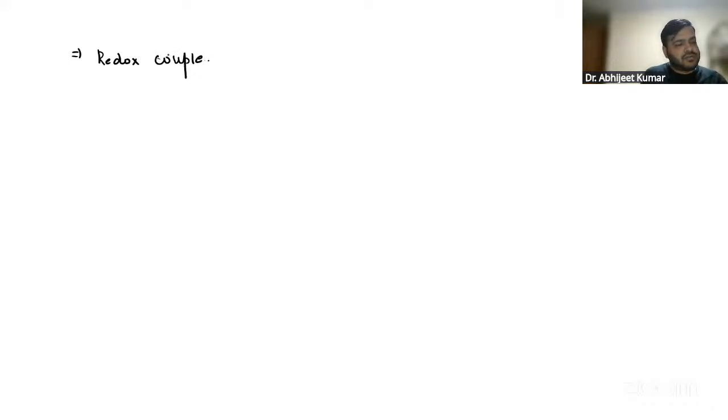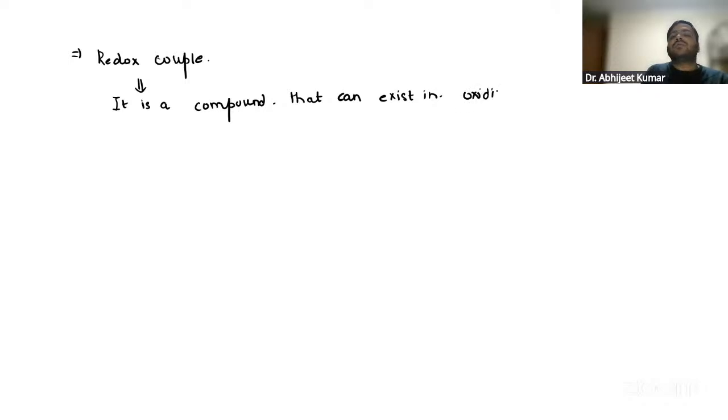Now, a redox couple is a compound that can exist in oxidized as well as reduced state.